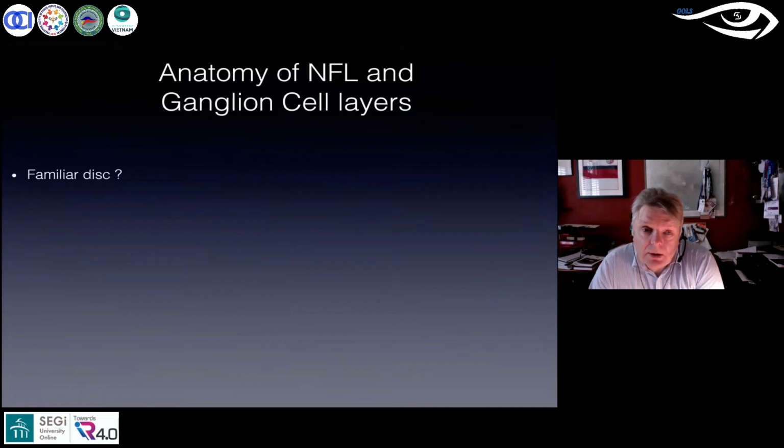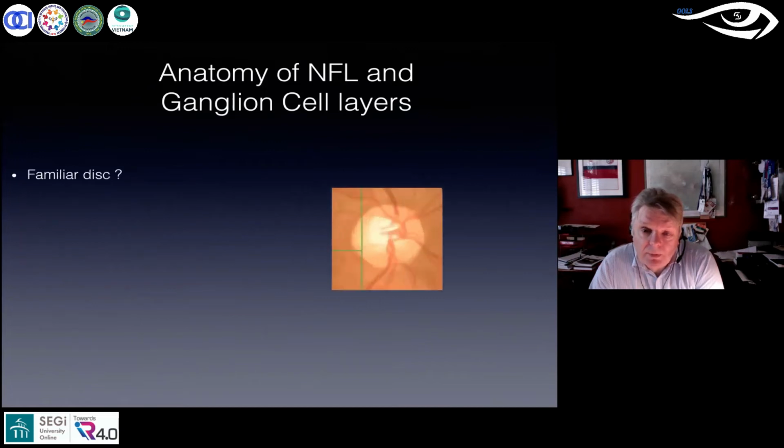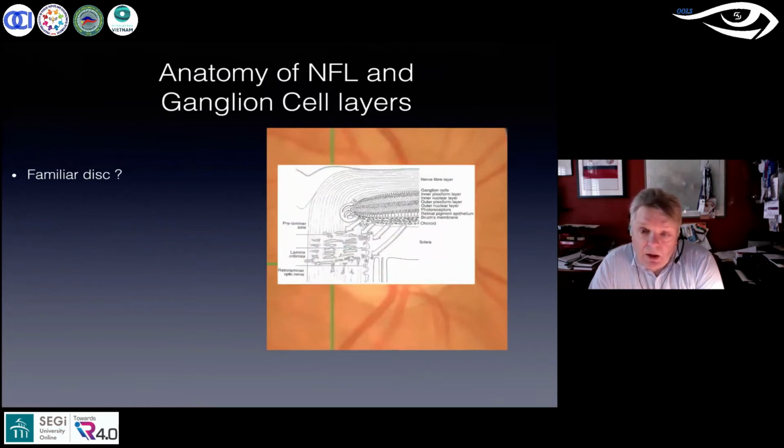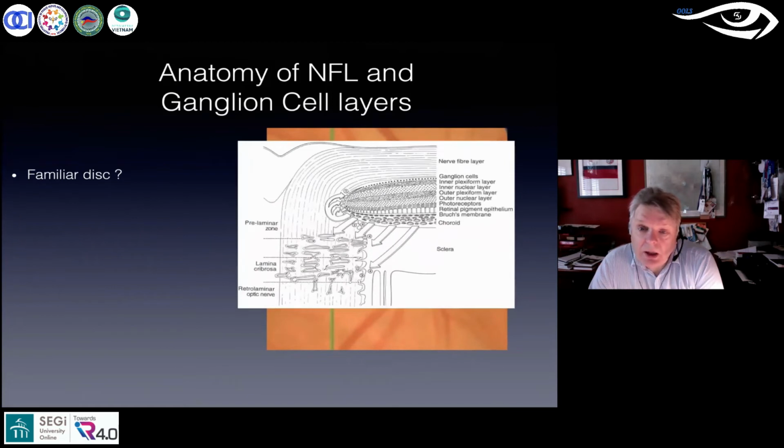So let's think about the familiar disc picture. Here's the same optic disc I've been showing you through the earlier parts of the presentation. This is the typical alignment of the nerve fiber layer, the ganglion cells, inner, outer plexiform, etc. And these are the layers that are obviously seen in some detail in OCT.